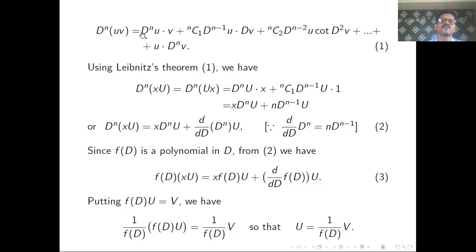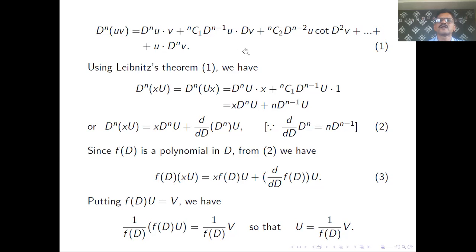Actually we have studied this as u n v: u n means the nth derivative of u, plus nC1 times the n minus 1th derivative of u, that is d raised to n minus 1 of u into v1. v1 means dv, the first derivative of v, plus nC2 u n minus 2, that is the n minus 2 derivative of u, into v2. v2 means the second derivative of v, that is d square v, and on the last term you will get u into vn. Its meaning is u as it is, and vn means d raised to n of v.